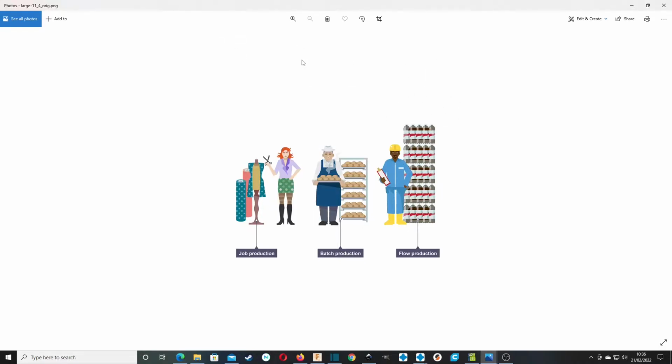Now, skilled labor. Miss Taylor here is, for the sake of this one, the most skilled worker out of the three. So she is basically what you're paying for when you're getting an individual product, because she is making it. She's not getting a machine to make it. She is physically making it, so you're paying for her services.